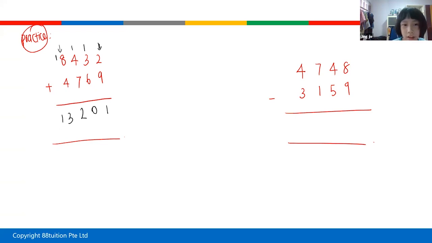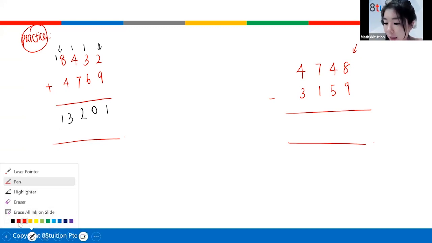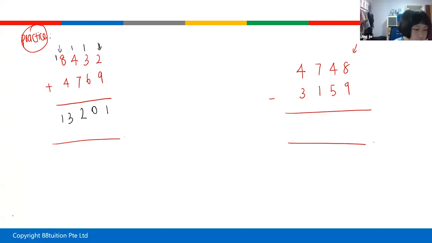I'm done. Okay, answer? 1,589. Very good. So same thing, we start from the right, correct? So what do we have? Can 8 minus 9? No. So what do you need to do?